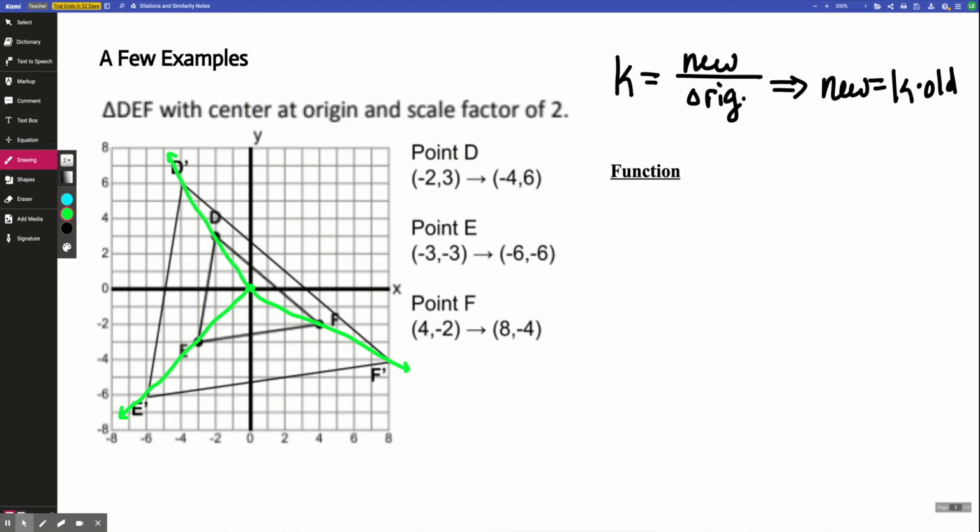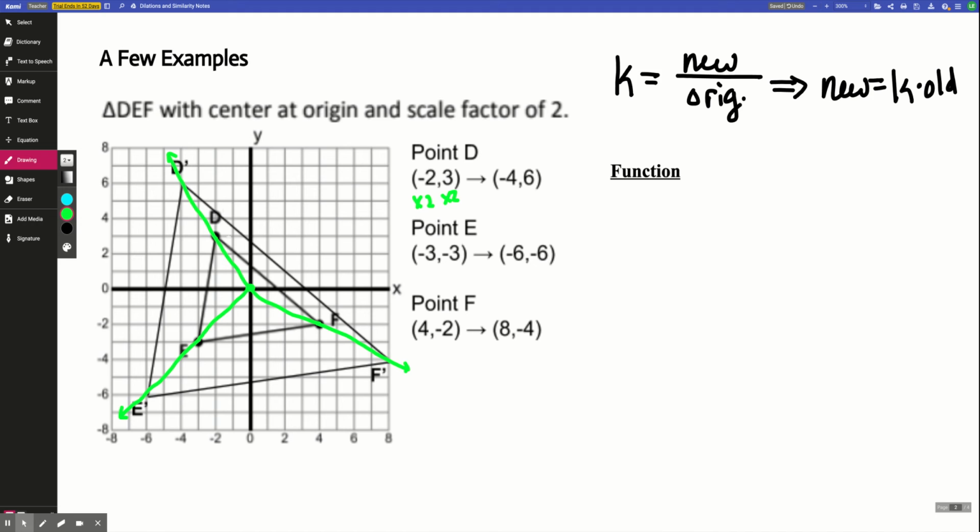Okay, so here I want to take my original shape and dilate it with a scale factor of 2. So all I'm doing is taking all of my coordinate points and multiplying everything times 2. So -2 times 2 is -4. 3 times 2 is 6. So point D goes from -2, 3 to -4, 6, which you can see here.